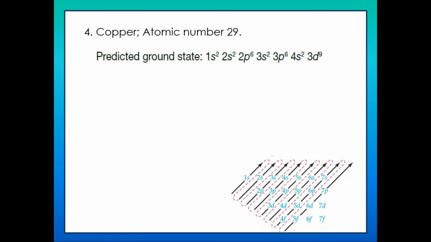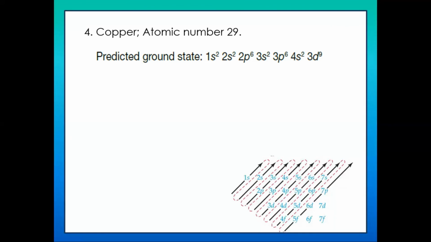The observed ground state electron configuration may deviate from the standards due to the intricate electron interactions in orbitals with similar energies. So class, these are common among the transition and inner transition elements like your copper.